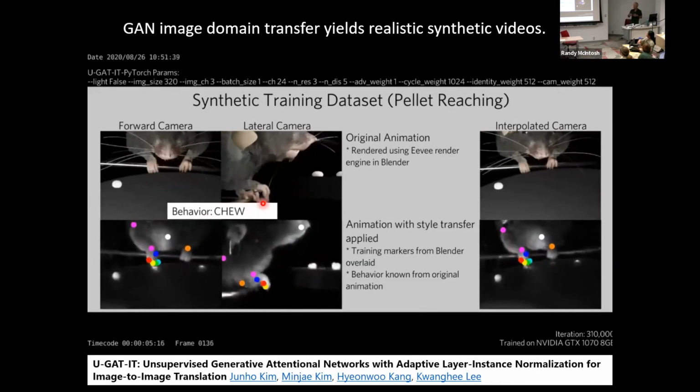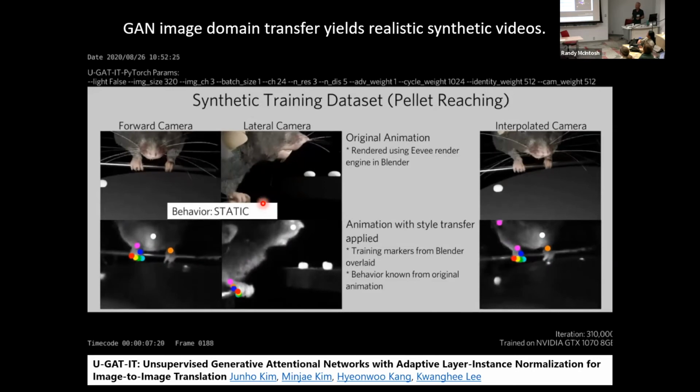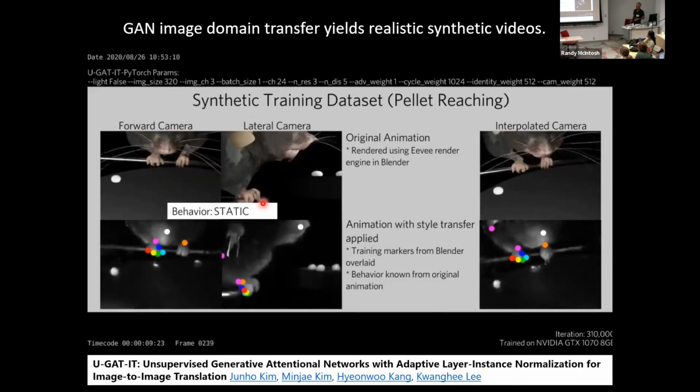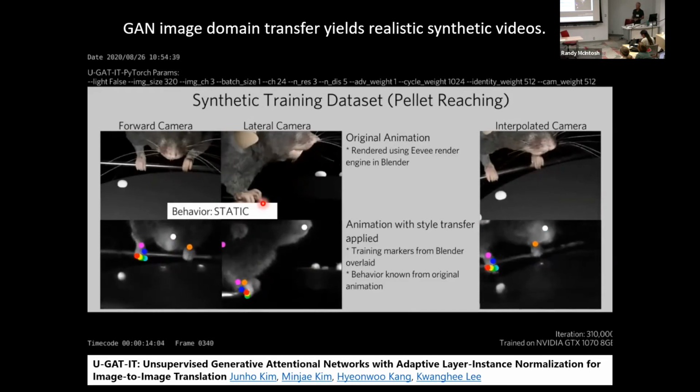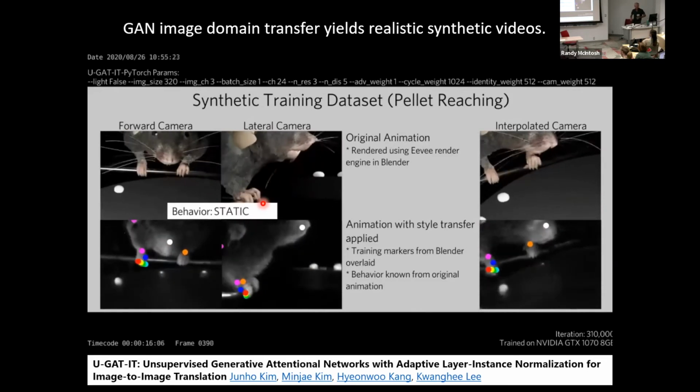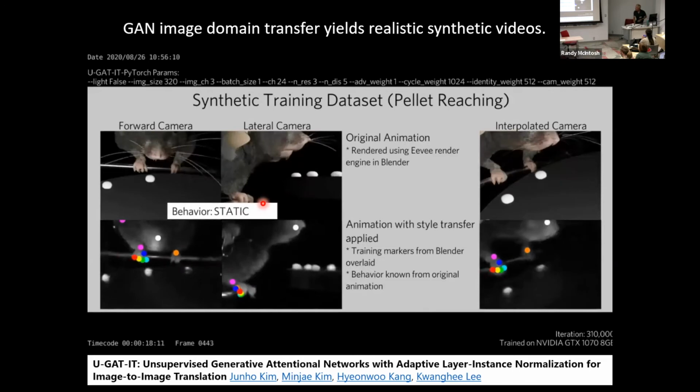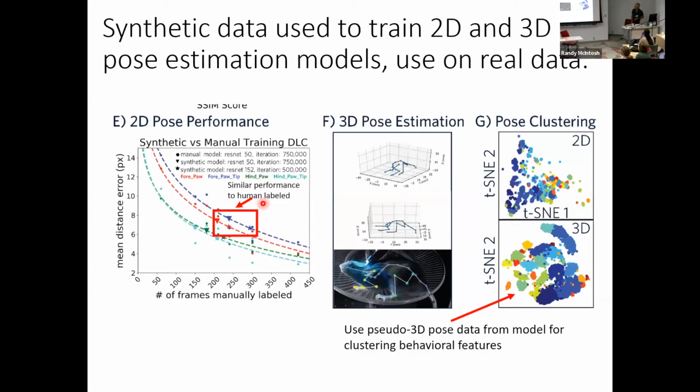So you can use these generative models to create very defined training data that has the same characteristics as real data. We then used it to train these pose estimators. This is something called DeepLabCut, which allows us to define positions of paws and particular joints.